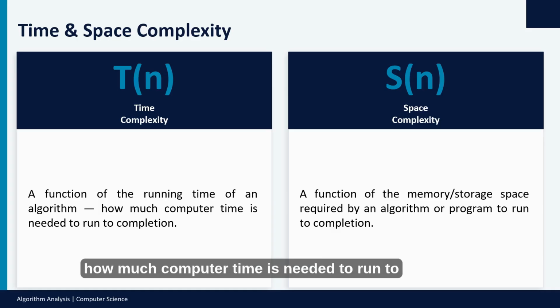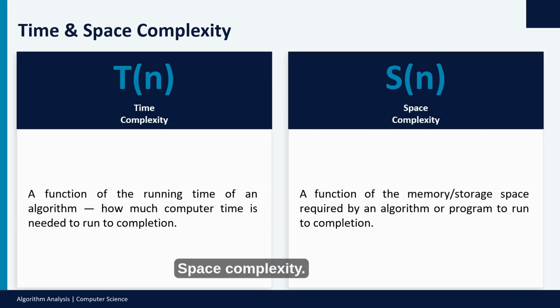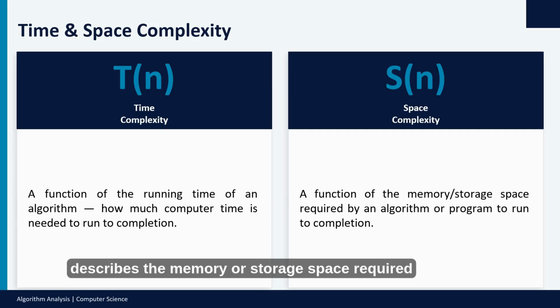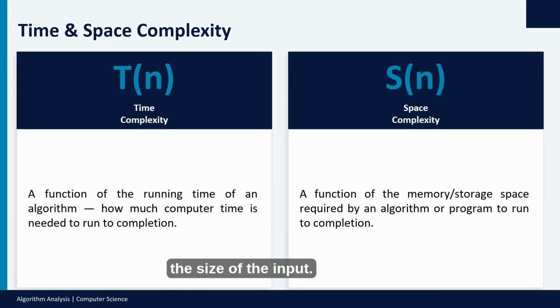Specifically, how much computer time is needed to run to completion as the input size n grows. Space complexity, written S of n, is a function that describes the memory or storage space required by an algorithm to complete its execution. Both are expressed as functions of n, the size of the input.